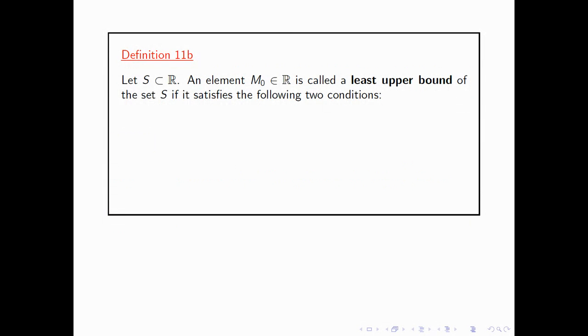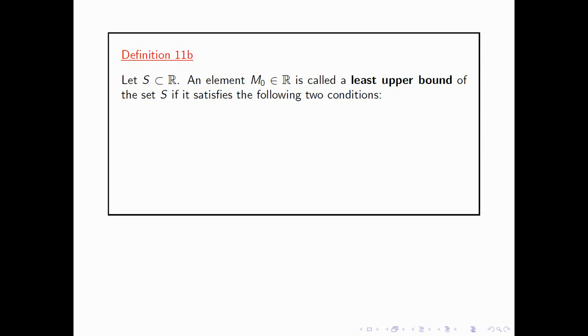We're going to work with this for another example until we prove a very important theorem, so that I can explain to you a very important property of the real line, right? We need another definition.